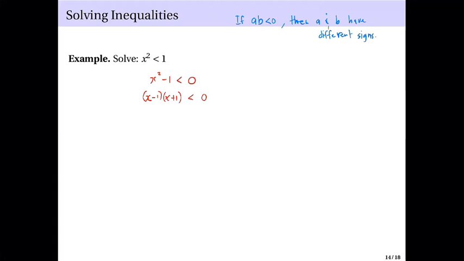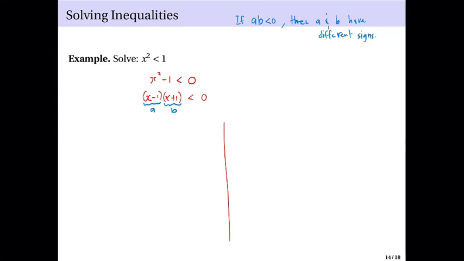So we can think of x minus 1 as our A and x plus 1 as our B. And we have A times B less than 0. So A and B must have different signs. And there are two possible cases. Okay? So we divide this into two cases.